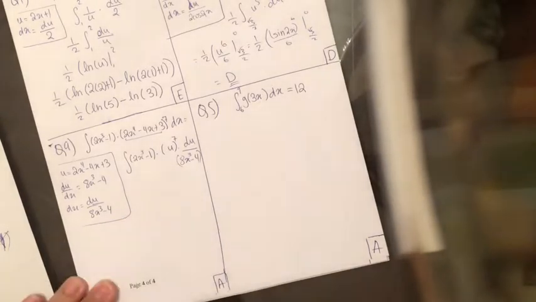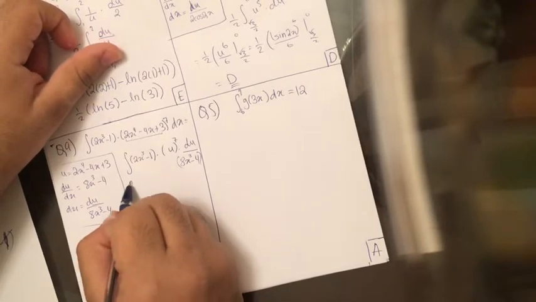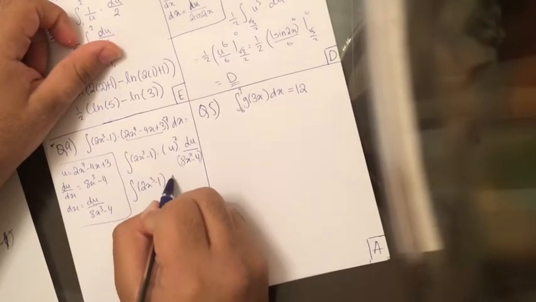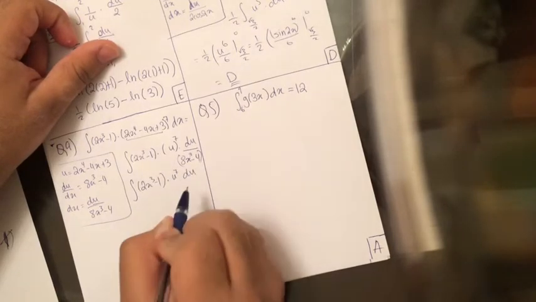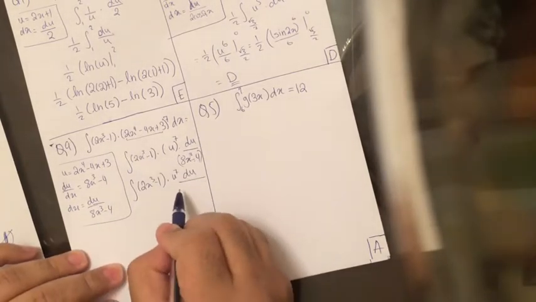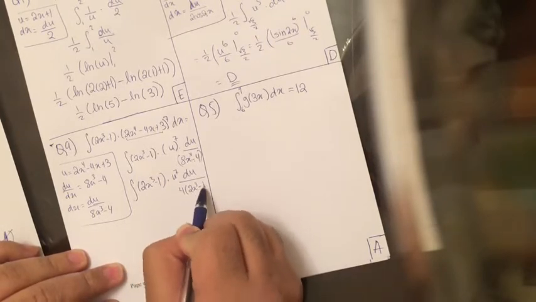And sorry for the time that we paused. So we continue. 2x cubed minus 1 times u to the power 7 du. So we can cancel from these two. We use the greatest common factor, which is taking 4 outside, and 2x cubed minus 1.